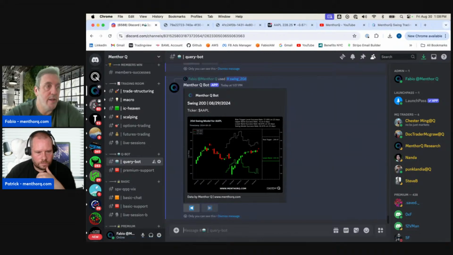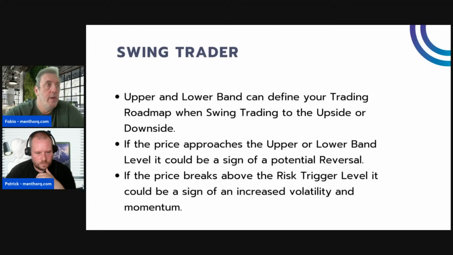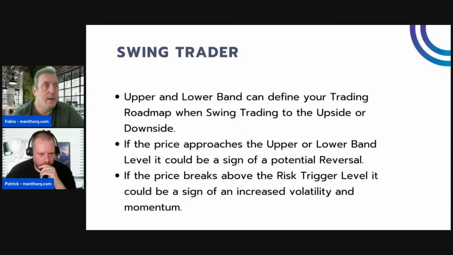So first, how can you use this tool? Let's go back to the presentation. If you are a swing trader or directional trader, you could build a roadmap using the upper or lower band for your upside or downside. For example, if the price approaches the upper or lower band, it could be a sign of a potential reversal.